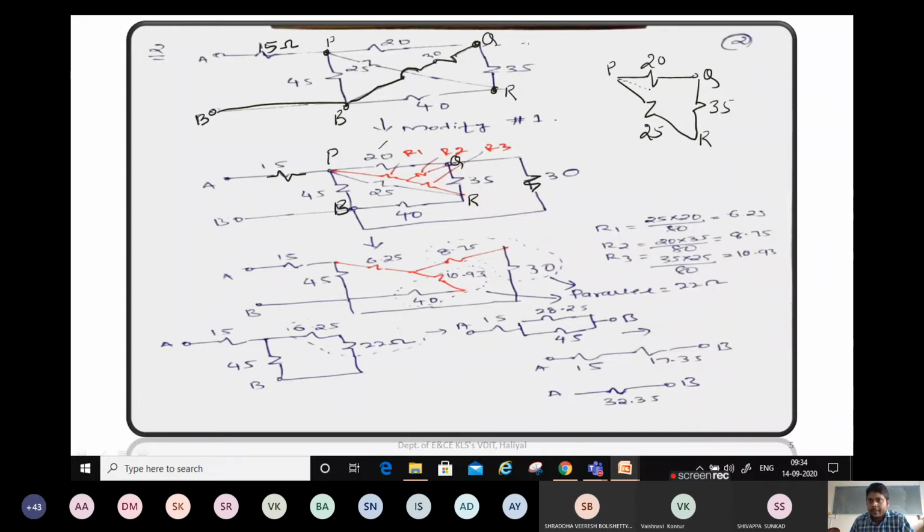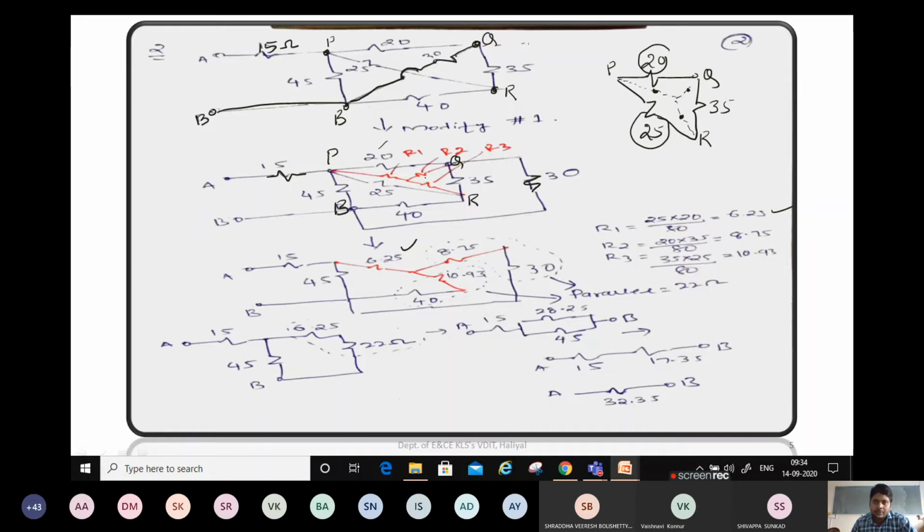Equivalently, I may get a network within this, a delta network, which I have shown here as R1 here, then R2 here, and R3 here. So how to calculate R1? It is the same again. Multiply the adjacent values 20 and 25 divided by the summation. So this result you get, that is R1 here.